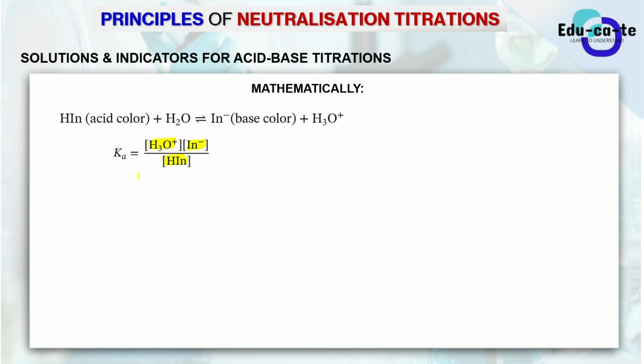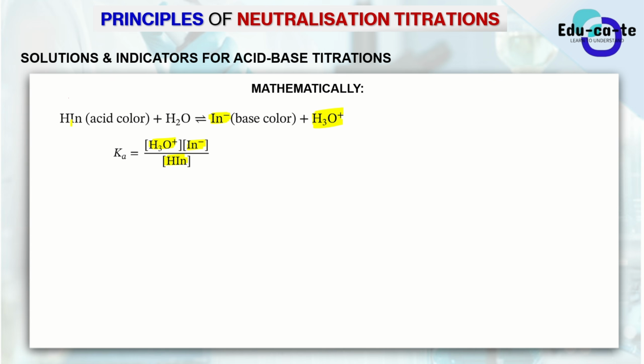Remember that these K expressions are your equilibrium expressions. This one is particularly for an acid. We have to consider the concentration of the products. In this case, our products are the hydronium ions as well as the conjugate base of the indicator. So we multiply those concentrations in the numerator, and this is over the concentration of the reactants.